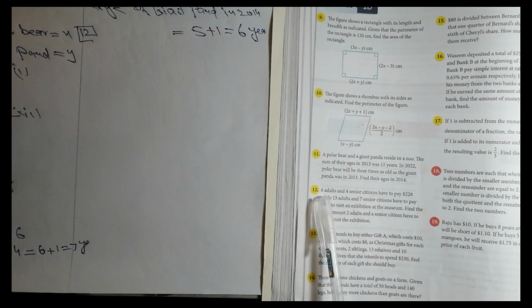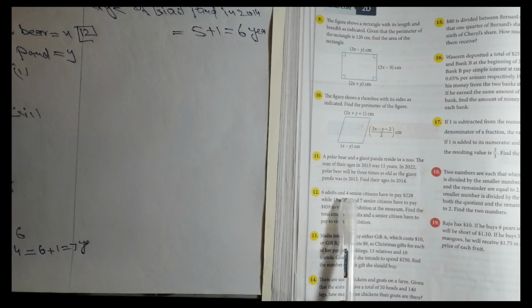So now let the ticket for one adult equal $x and the ticket price for a senior citizen equal $y.